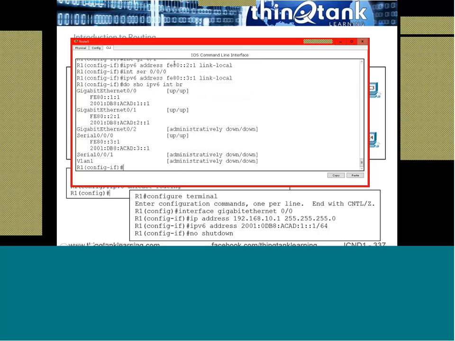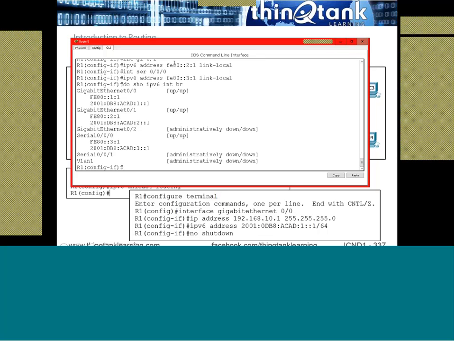It's not required. Link local addresses work perfectly by themselves. And of course, by setting them manually, you're running the risk of creating duplicate errors or some kind of issue. But if you use a numbering scheme, it would be very easy.